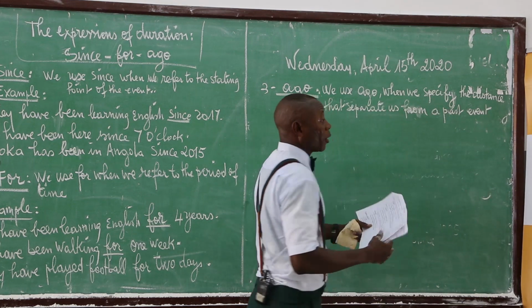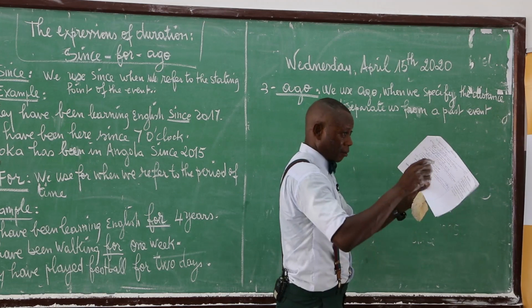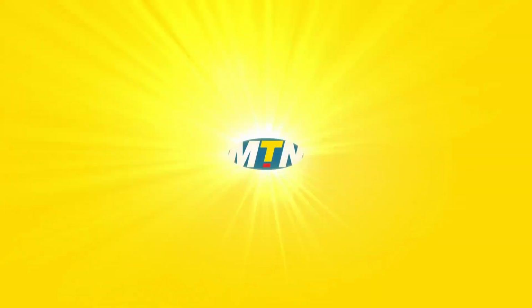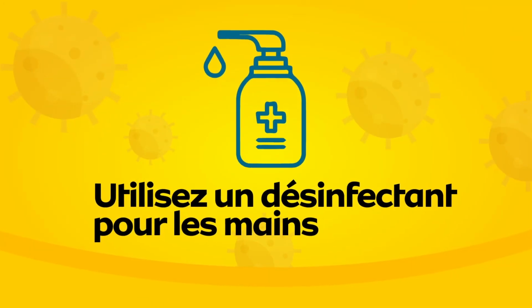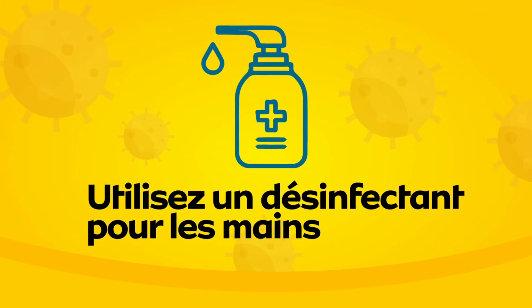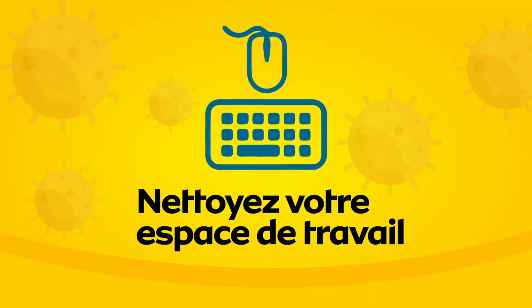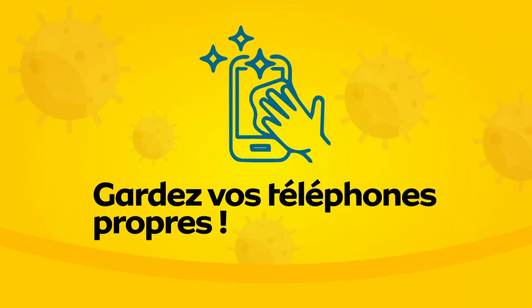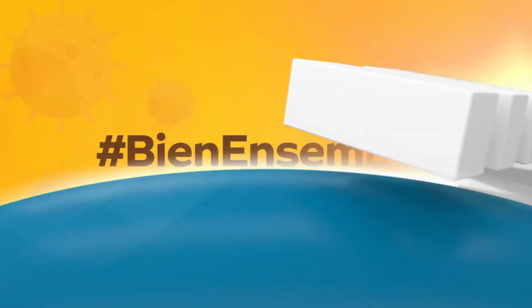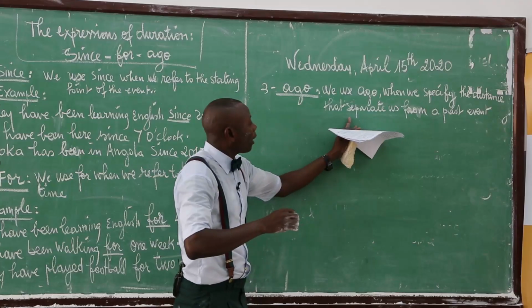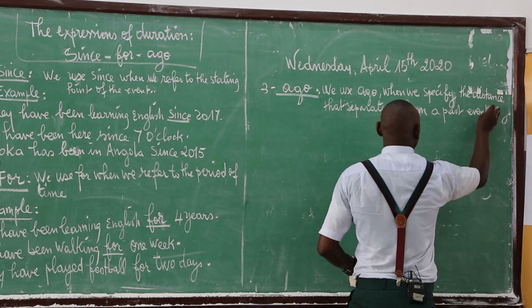So in the past, we use ago when we specify the distance of time that separates us from a past event. Yes. Example.